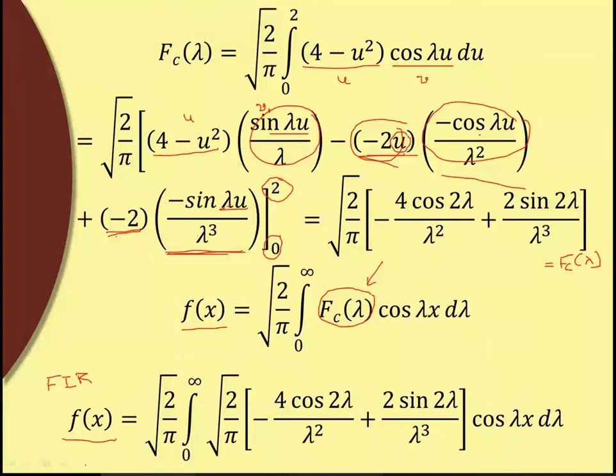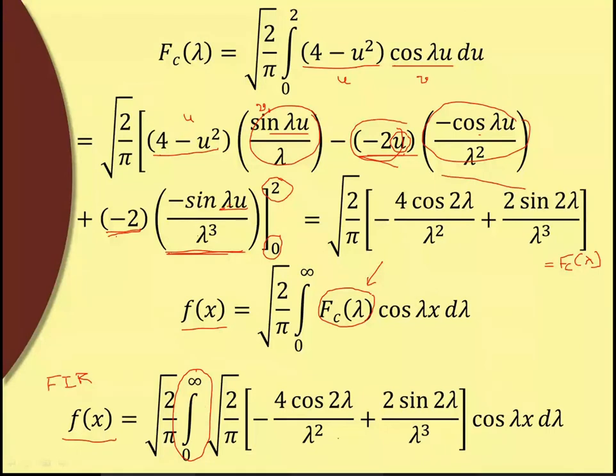And here we don't have to solve this integration. If we solve this integration, we get the original function again. We want f of x in the form of integration, because it is the Fourier integral representation, and integral representation means f of x is written in the form of integration.